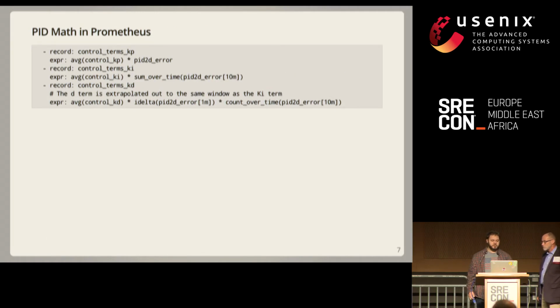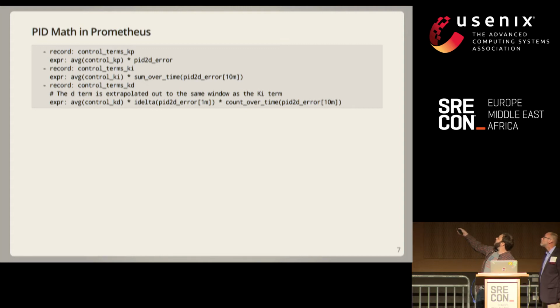So each of the components are fairly simple in Prometheus. Your KP term is just, we take the average here just because of the way that I have set up my controller. My control KP value is the coefficient that we use on top of the error, as well as the error itself.